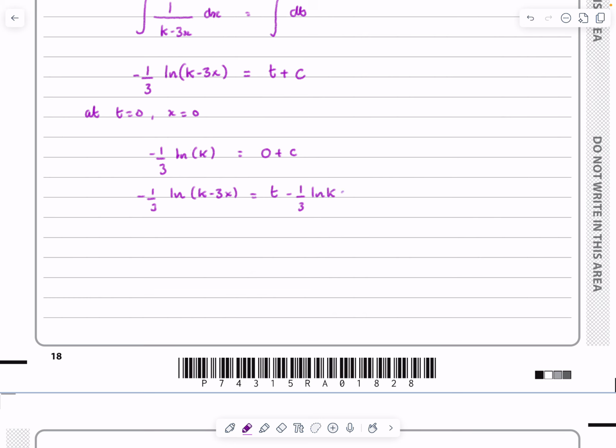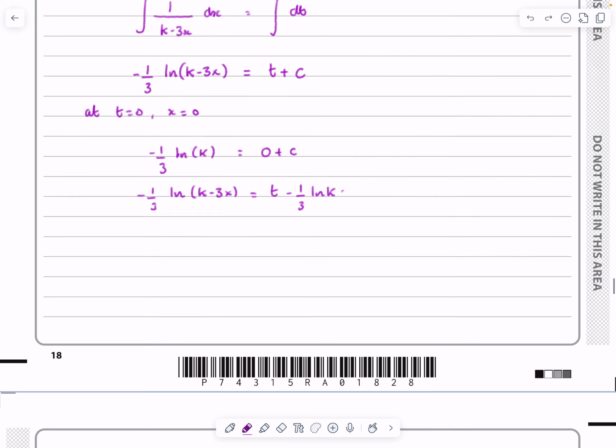Okay, well, we need to get this into the stage of x equals. So I need to rearrange and make x the subject of the formula. First thing I'm going to do is take the third log k over to the other side. So I'm going to end up with a third log k minus a third log of k minus 3x is equal to t.